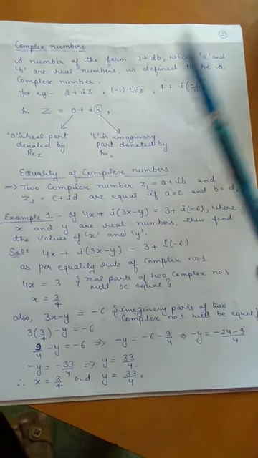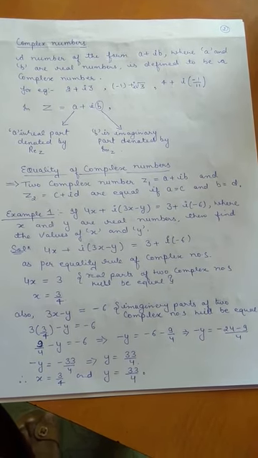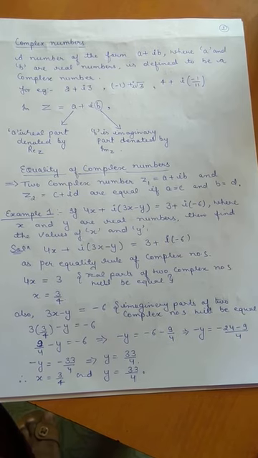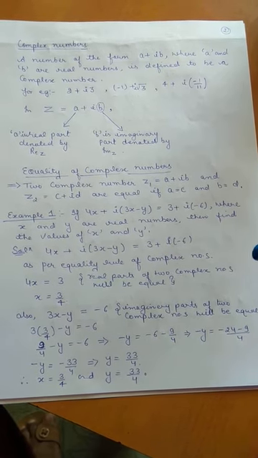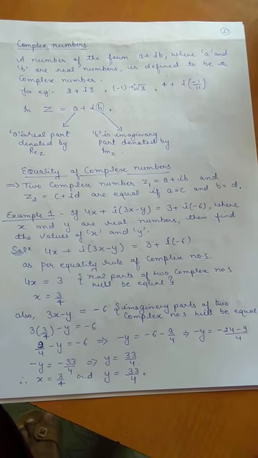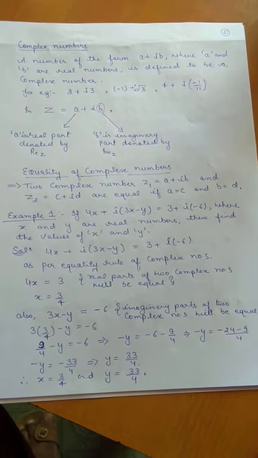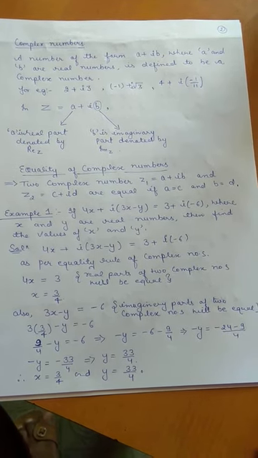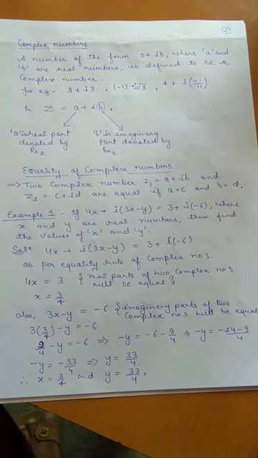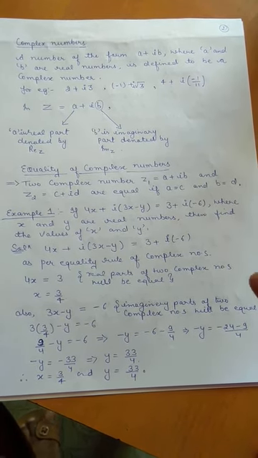It means whenever we have to find an unknown value in complex numbers and we are given that two complex numbers are equal, we equate the real part of one complex number to the real part of the other, and the imaginary part to the imaginary part of the other.